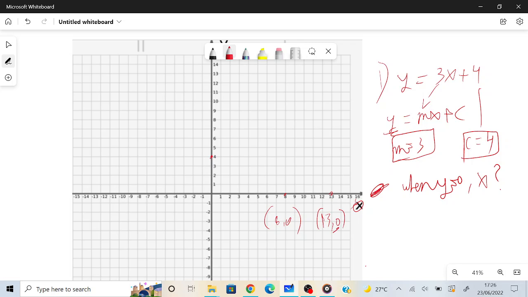Your y coordinate is always 0. So on your x-axis, y is always 0. And if you were to do the opposite, say take 8 over here and 13 over here, you would write this as (0, 8) and that as (0, 13). So on the y-axis, x is always 0.